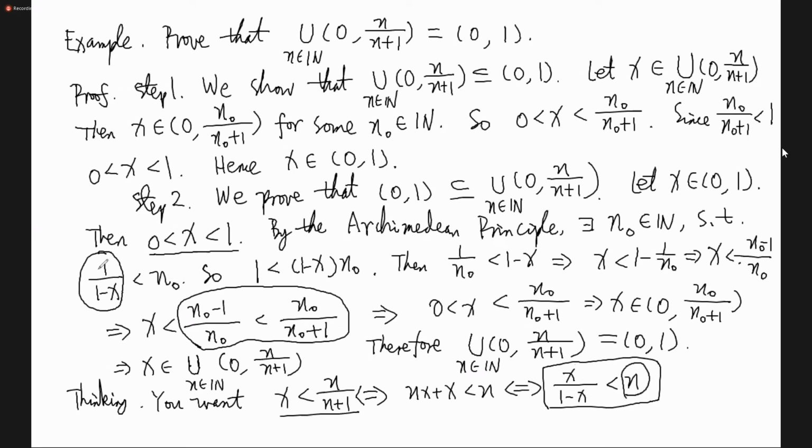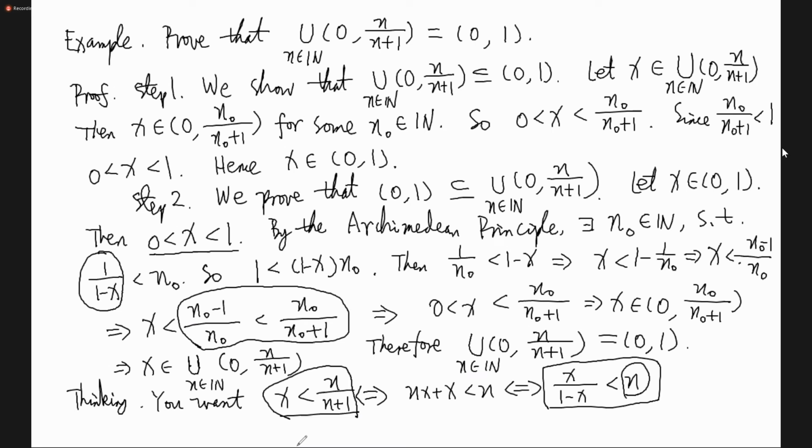But in here, I choose another way, which makes it stronger. But anyway, the exact condition is if you pick an n which is greater than x over 1 minus x, then this would give you this one. This is exactly what you want to find. You want to find an n so that x is less than n over n plus 1.